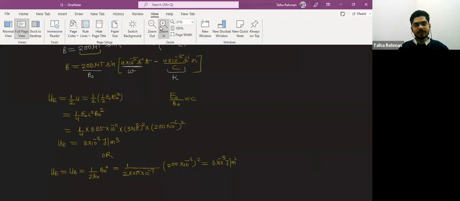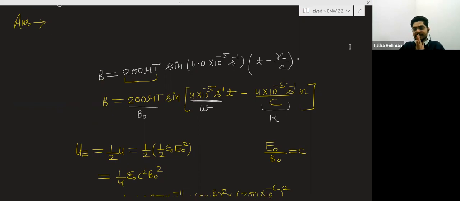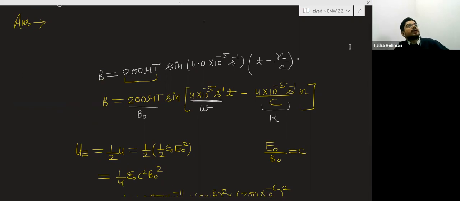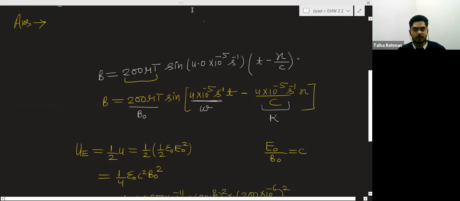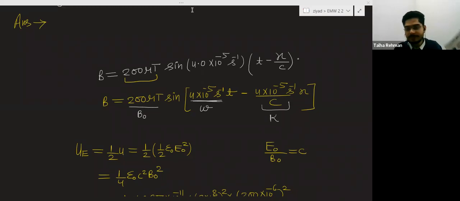Now after that we will discuss the intensity of electromagnetic wave. So what is the meaning of the intensity? Basically, intensity is the energy per unit area per unit time. Energy per unit area per unit time means, suppose, I am just giving one example. There is a difference between the energy and the intensity.